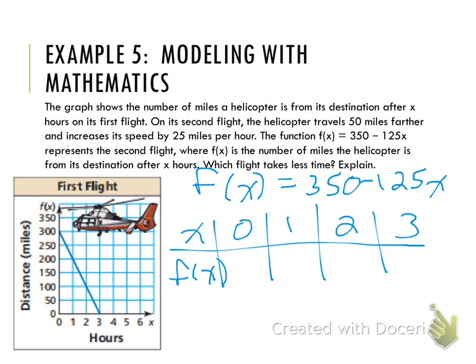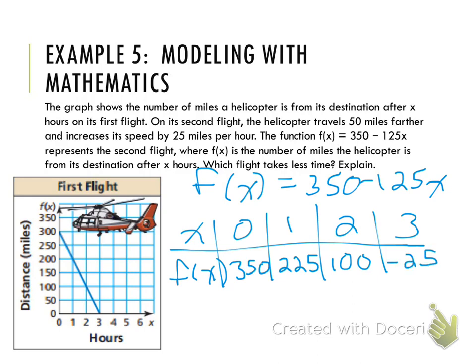If I plug in 0, I've got 350 minus 0, which is 350. Put in 1, I've got 350 minus 125, which is 225. For 2, 350 minus 125 times 2 is 350 minus 250, which is 100. And 3 would be negative 25.